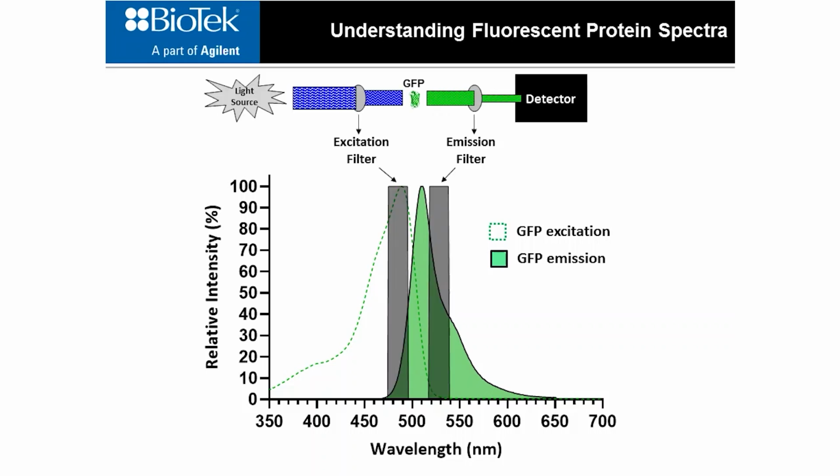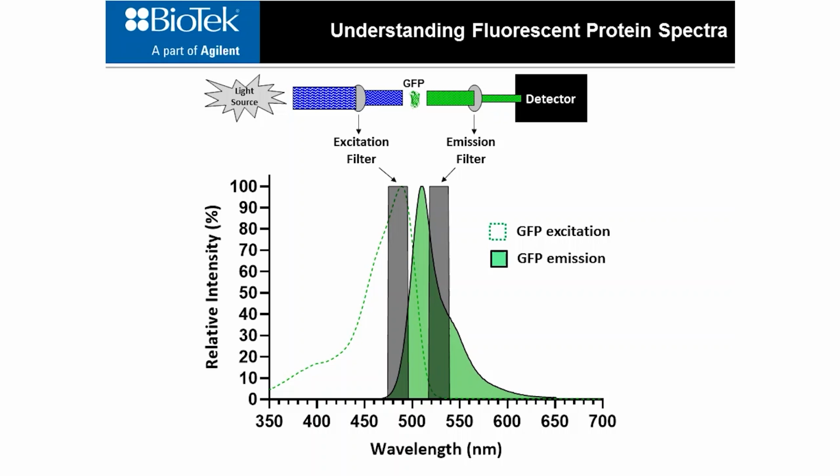So when it comes to using optical filters, you would want to place those filters where you can collect the most light. As shown in the schematic up top, you have a light source that emits excitation light. You would have an excitation filter in place that refines that light and excites your fluorophore, in this case GFP.